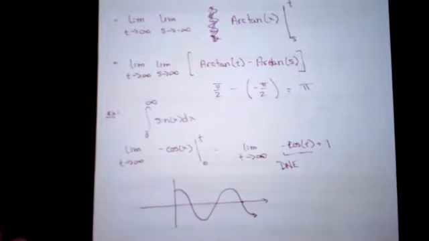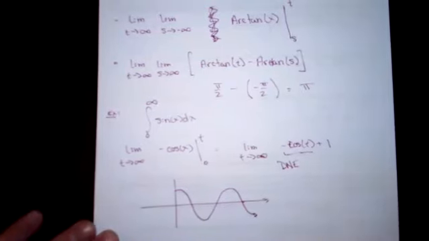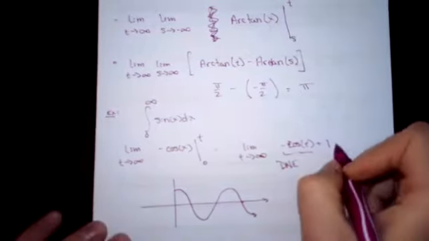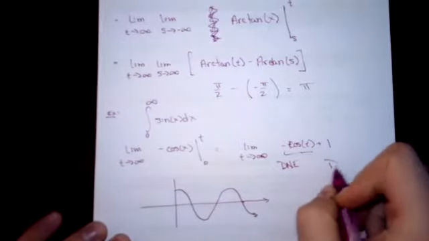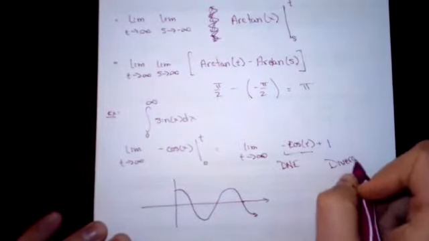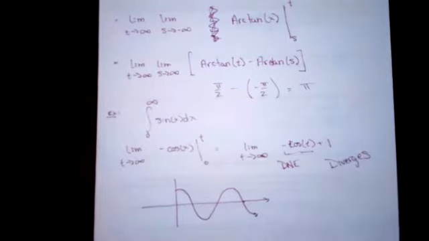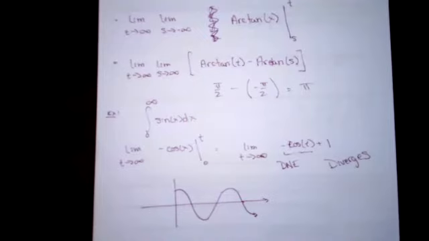So what do we mean by infinity? What value does it get at infinity? Well, it could be anything between minus 1 and 1. So this one diverges. That's all you would have to say for that. Since the limit does not exist, the integral diverges.